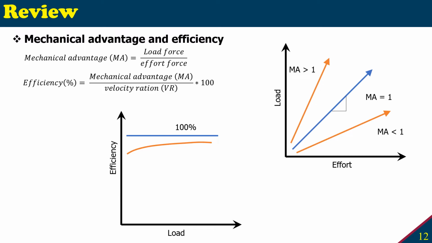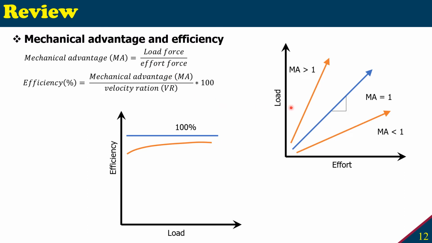Once we have our velocity ratio, we can find the mechanical advantage of a gear system and the efficiency. The mechanical advantage is the ratio of load over effort. So how much load you are pulling from the follower gear, and how much effort you are applying on the driver gear, and the ratio will give you the mechanical advantage.